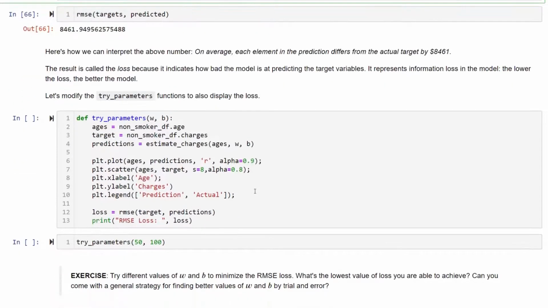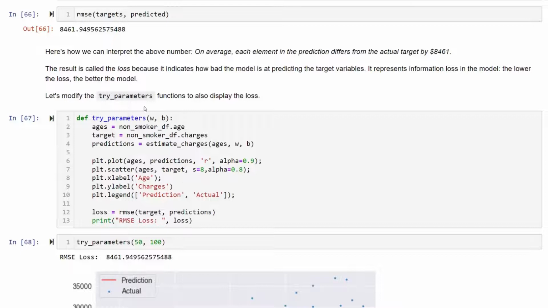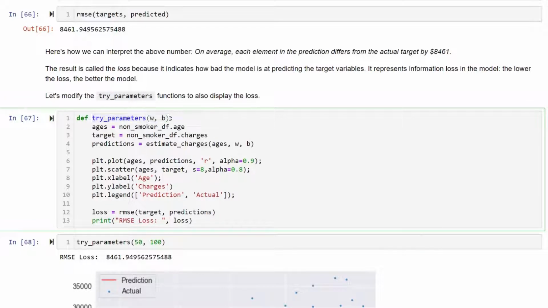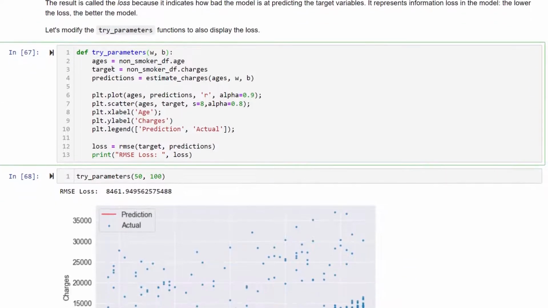Let's modify the try_parameters function and also display the loss. Okay, I have defined try_parameters, which takes slope and intercept values, ages, target values and the prediction values.